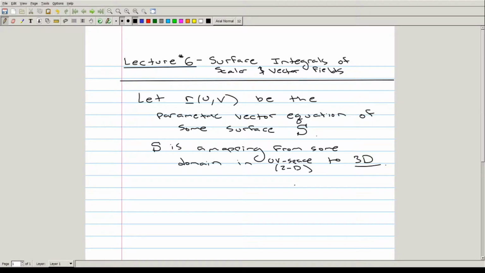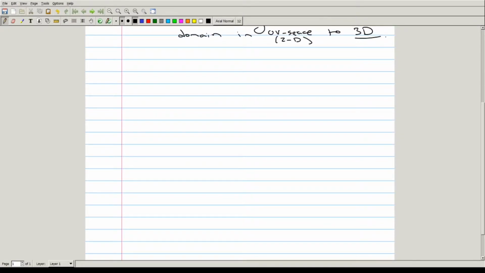So let's take a look here and try and get some sort of picture of what's going on. This is going to be a diagram.